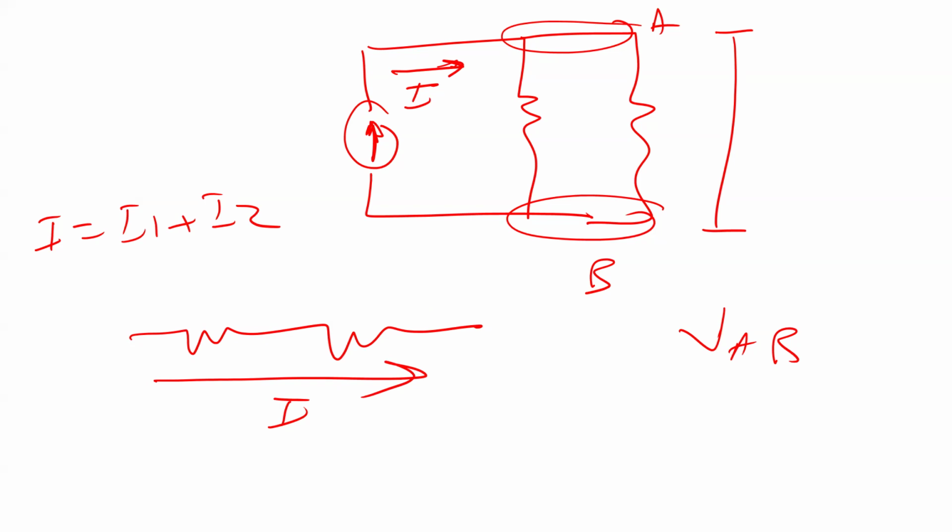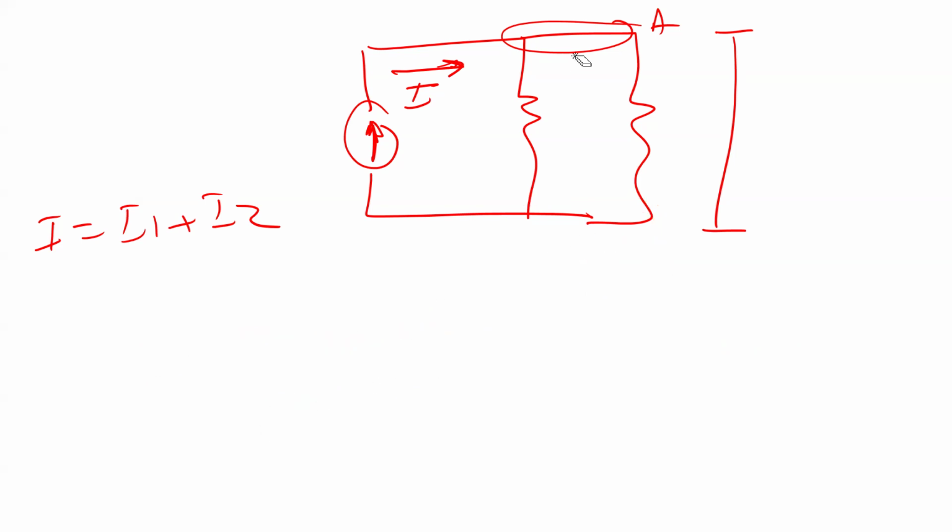So I just want to give you another way to think about it. I don't want to just give you an equation and say this is the equation. No, we also need to have some intuition. Look at what I want to say here. We agree both of them have the same voltage.